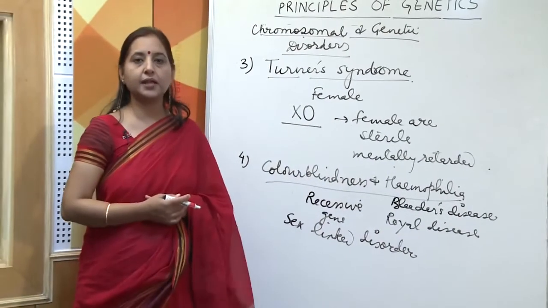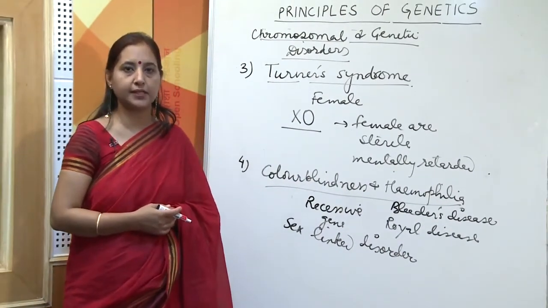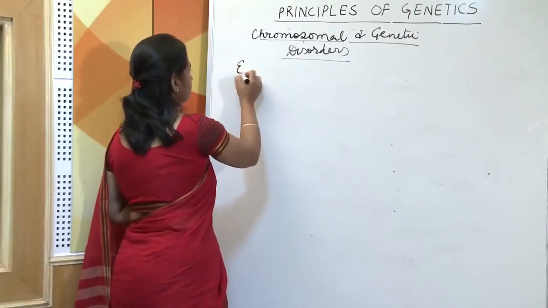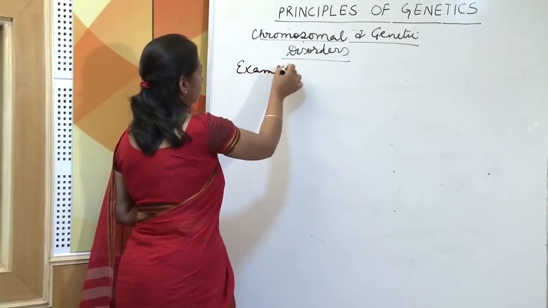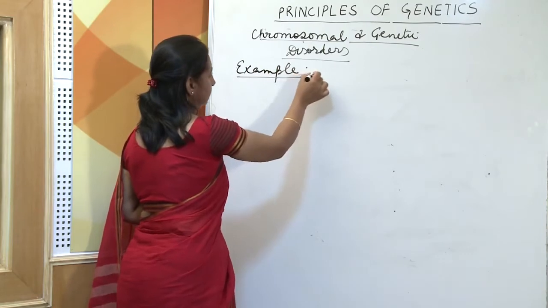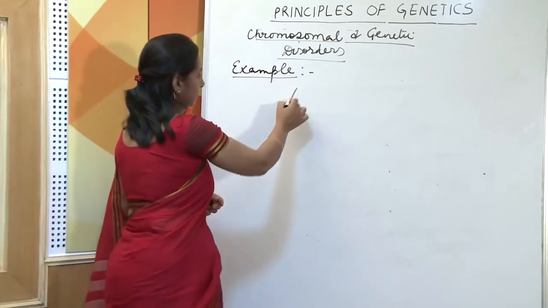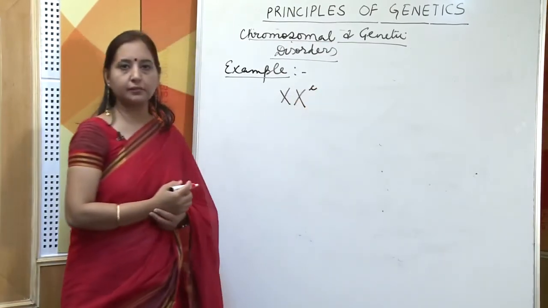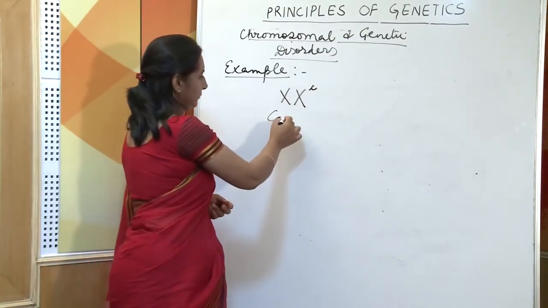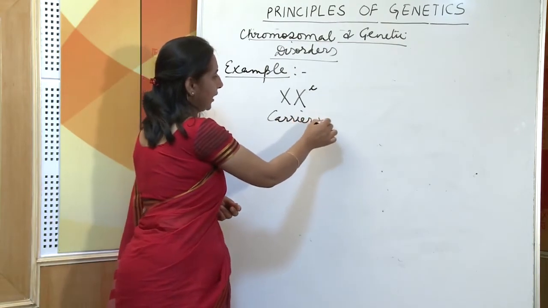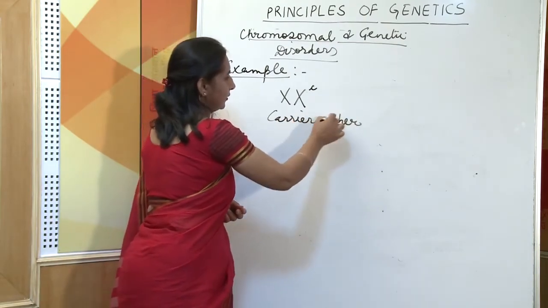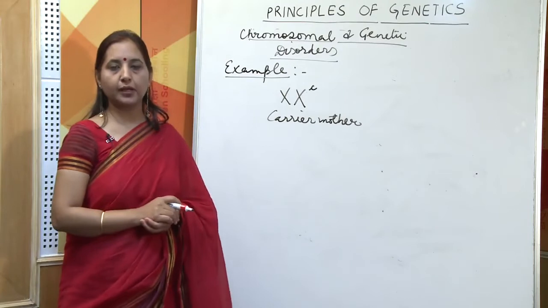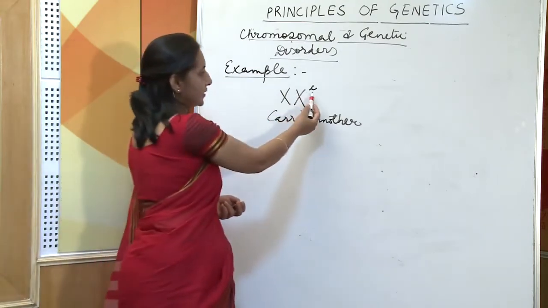We can understand this with the help of a very simple example. This is a carrier mother. Carrier mother means the mother does not suffer from color blindness but carries the recessive gene.